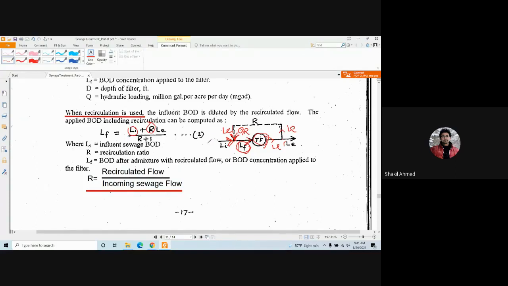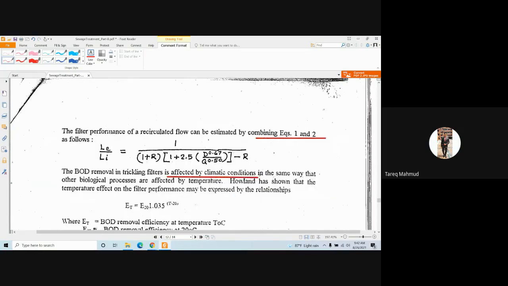That means QR divided by QI. Clear, guys? Yes, sir. Okay.